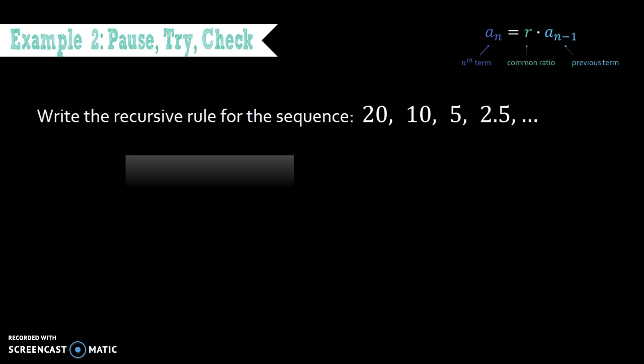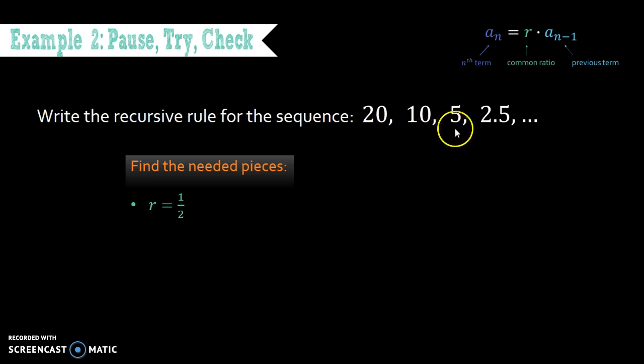The only thing you needed to find is that common ratio, so you need to see what you are multiplying by as you move down the line. Your numbers are getting smaller, and remember that it is okay for your common ratio to be a fraction. Fractions mean divide. So when I say that the common ratio is 1/2, that means I'm dividing by 2 every single time I switch terms. 20 divided by 2 is 10.